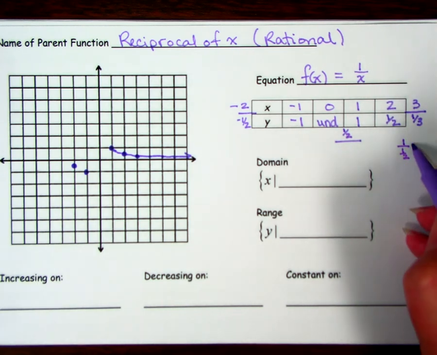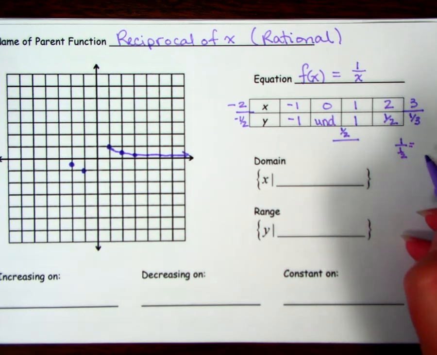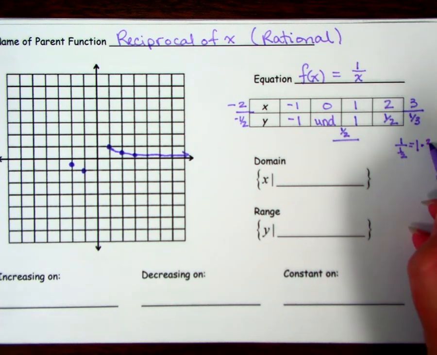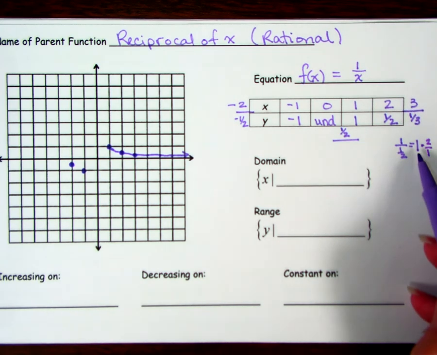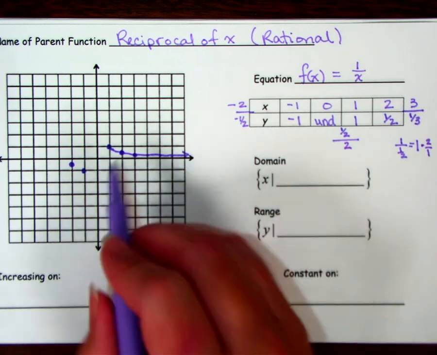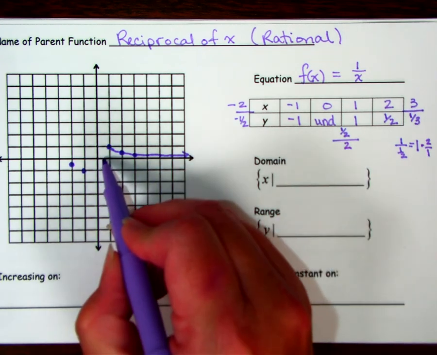Now dividing by a fraction, if you remember from middle school, they taught you that it's 1 times the reciprocal of the second fraction there. So the reciprocal of 1/2 is just 2 over 1. So 1 divided by 1/2 is really just 1 times 2 over 1, which is just 2. So when x is 1/2, the y is 2. So I'm going to go ahead and plot that point, 1/2, 2.